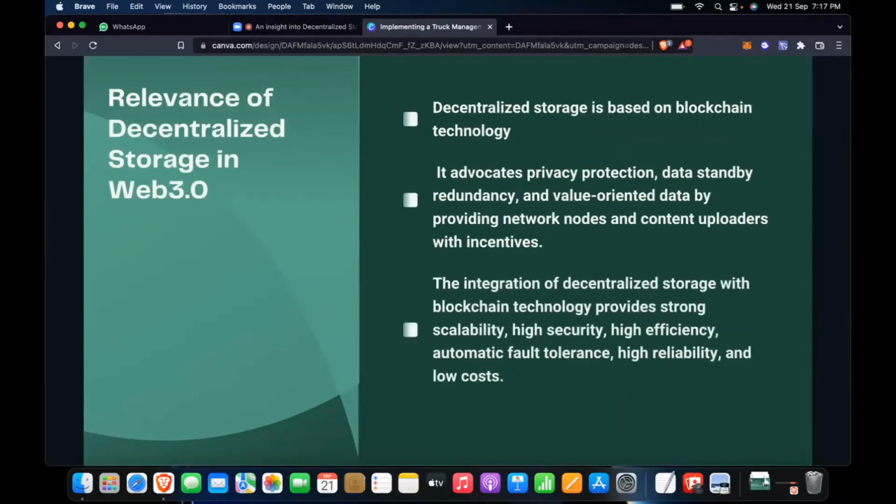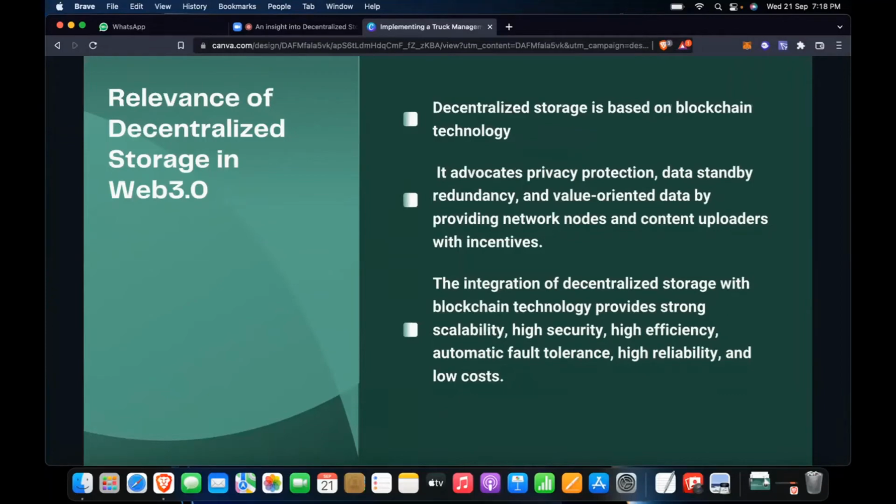So the relevance of decentralized storage in Web3. As Web3 propagates decentralization, decentralization is the fundamental principle of Web 3.0. Again, decentralized storage ensures that decentralization is being maintained. So it's also based on blockchain technology. It advocates privacy protection, data standby redundancy, and value-oriented data by providing network nodes and content uploaders with incentives.